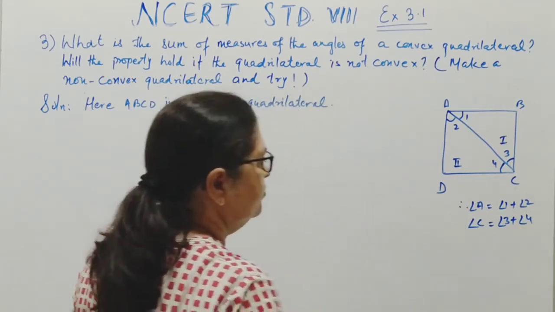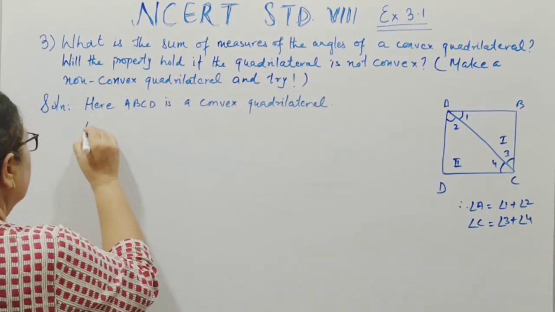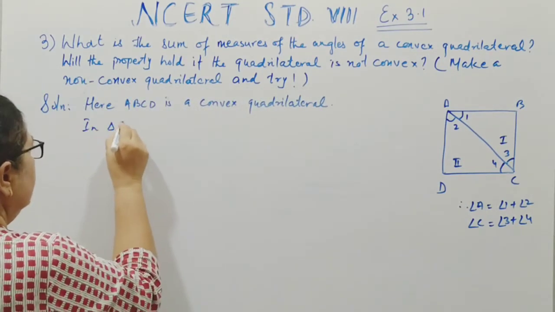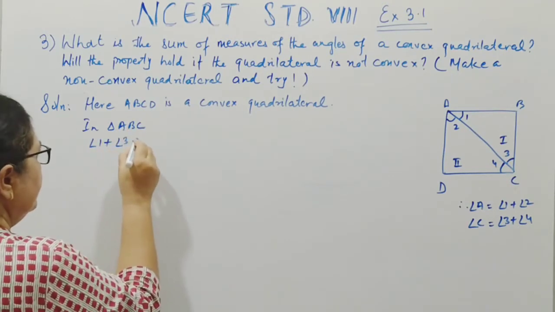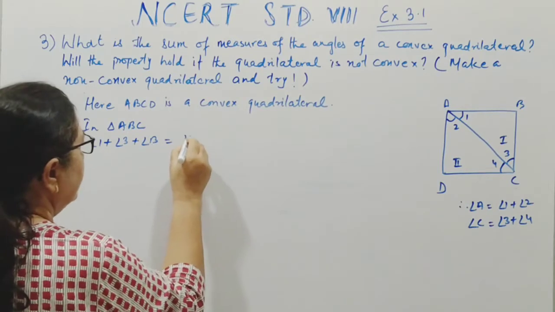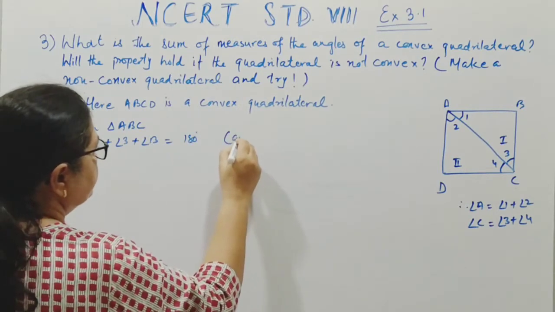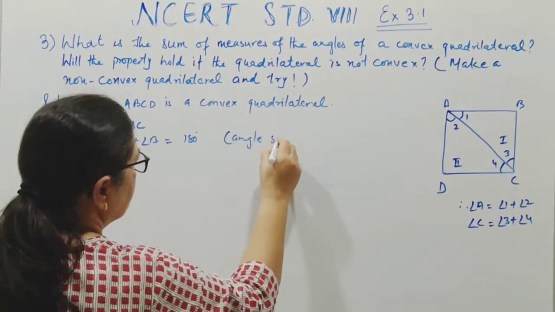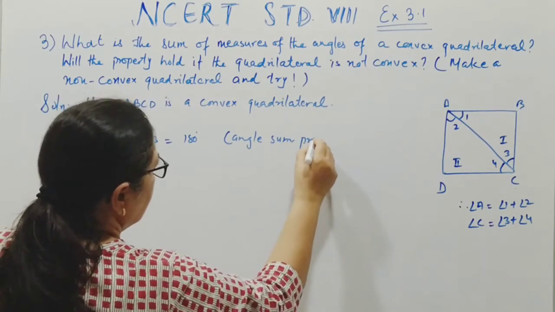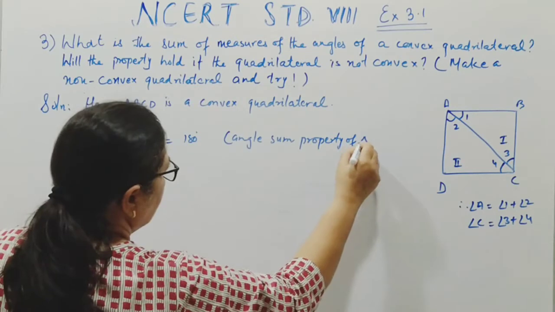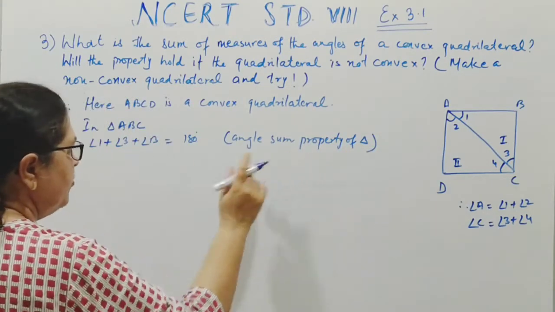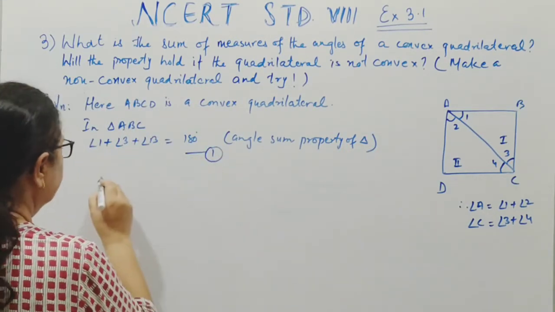Now, in triangle ABC, angle 1 plus angle 3 plus angle B is equal to 180 degrees, by the angle sum property of triangle.